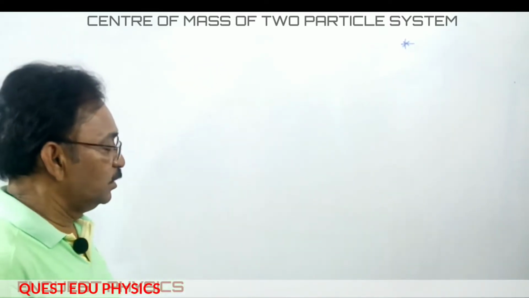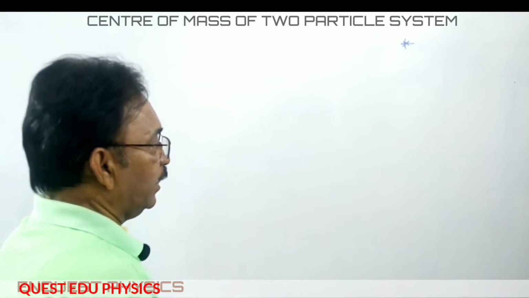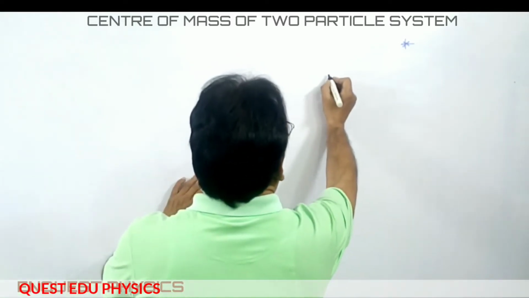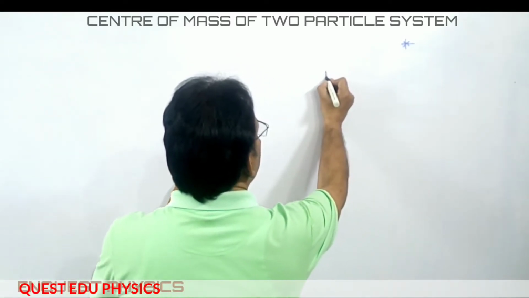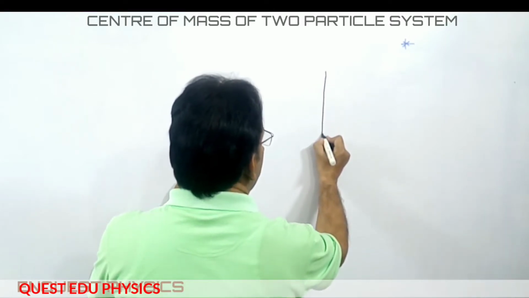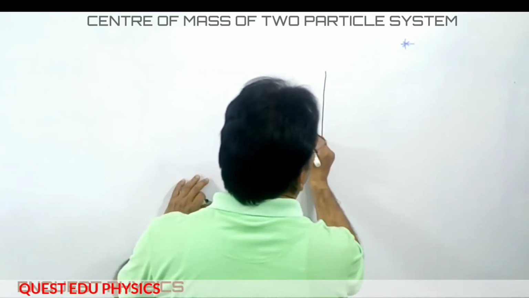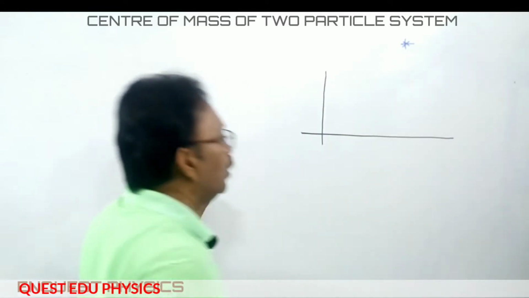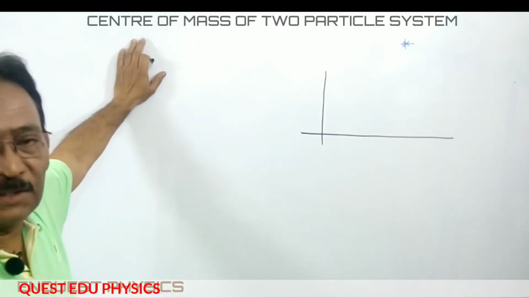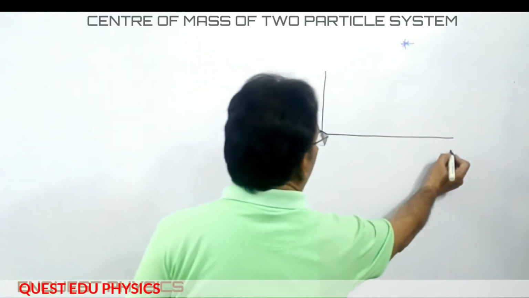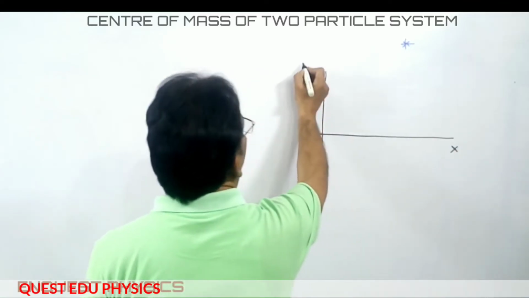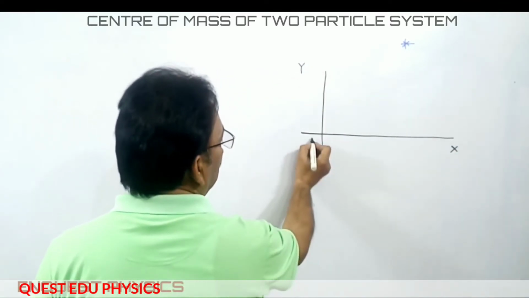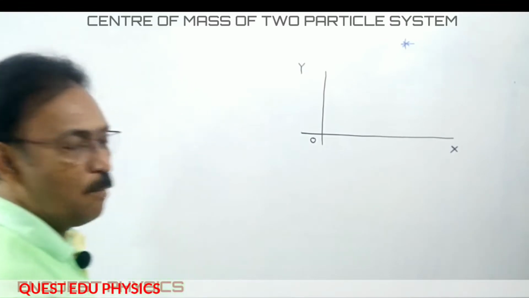Listen to my words, students. Let's say it is a coordinate axis system, and we are calling it X, and obviously it is the y-axis, with the origin.